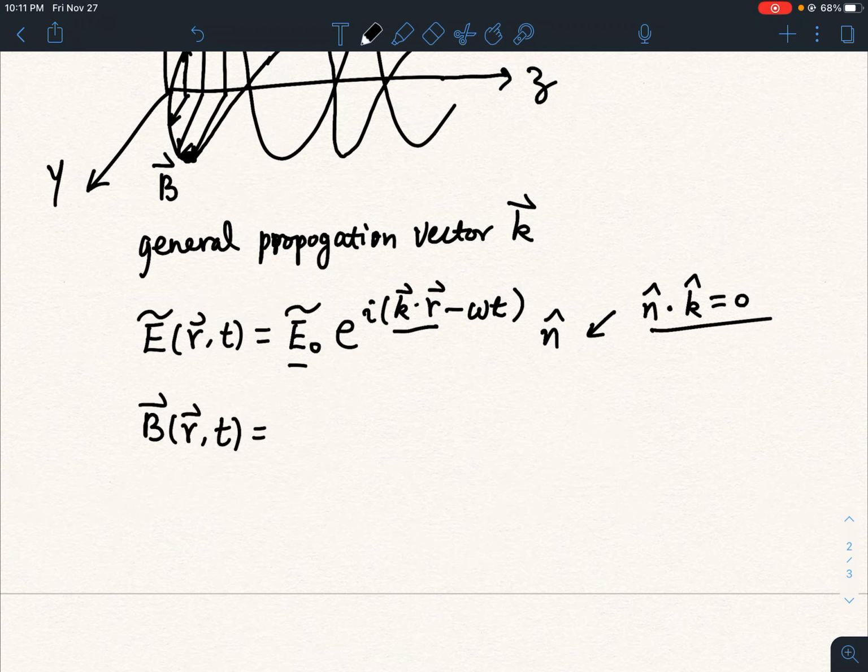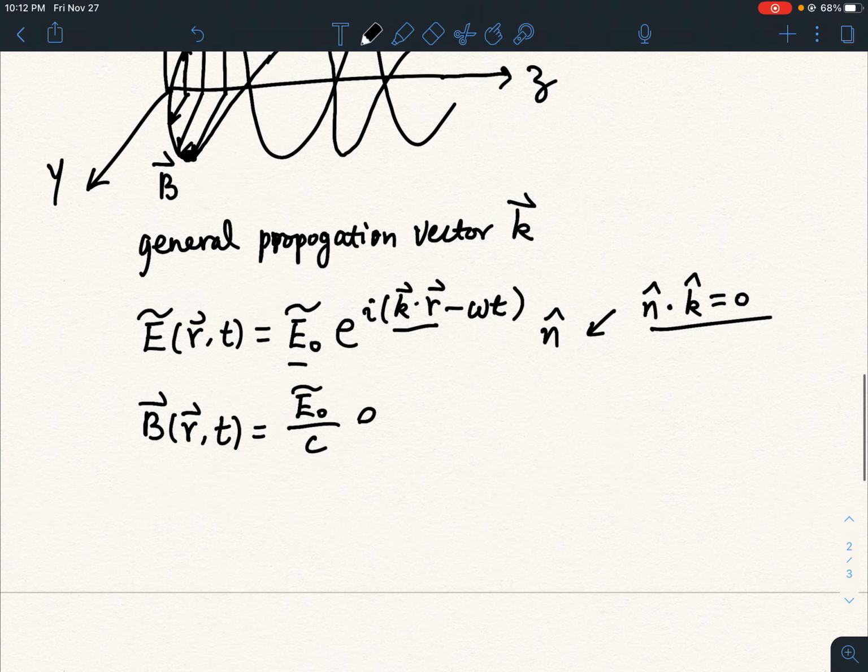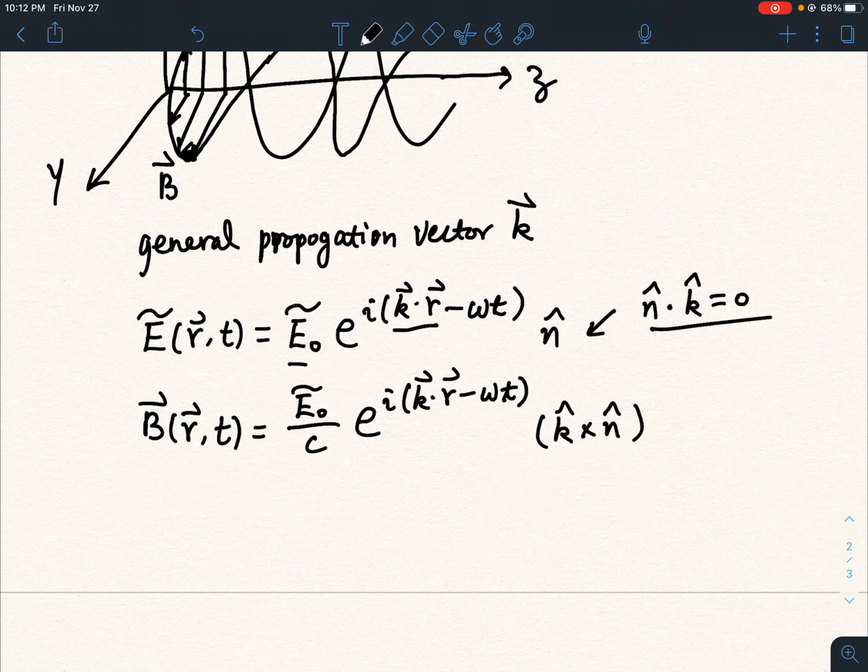For B, the amplitude is just different by 1 over c, and it is really in phase with the electric field, and the direction is k times this n direction.